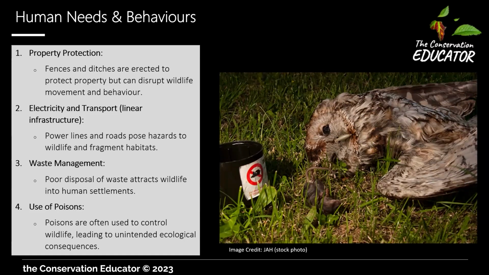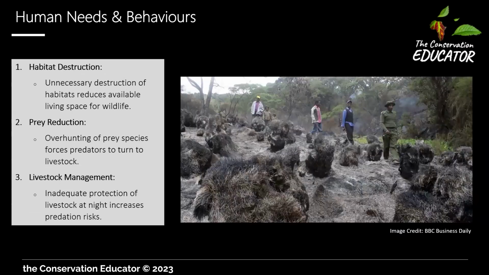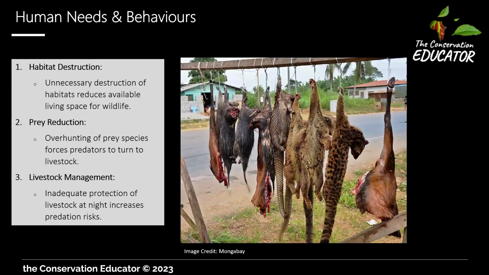What about habitat destruction? This is an image from Kenya again. This is unnecessary, really. We've got to be able to keep habitat if we want to take the healthy planet approach. Prey reduction. This is Nigeria. And you can see all of the different species that are for sale there, just on the side of the road as you drive past, from pangolin to genet to monkey.